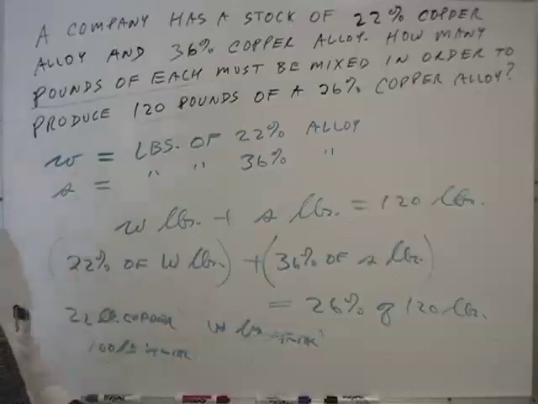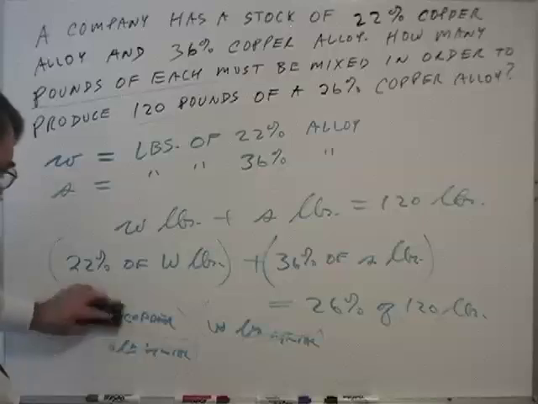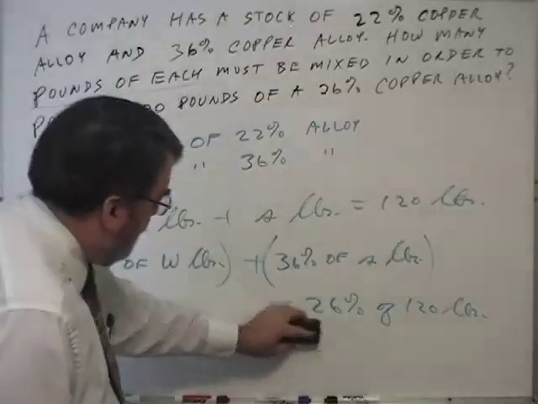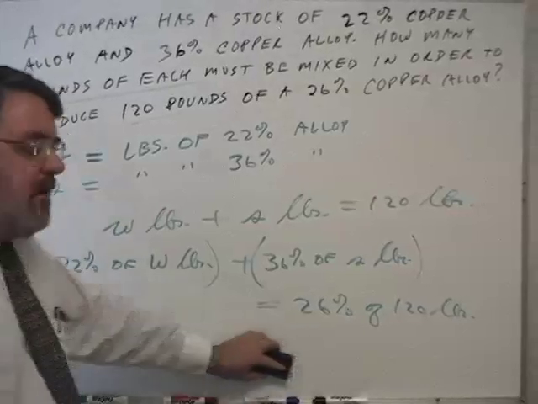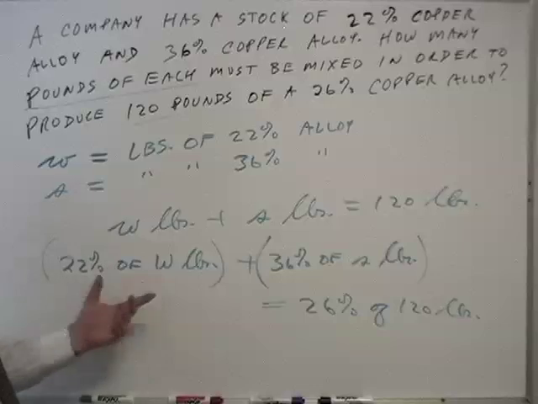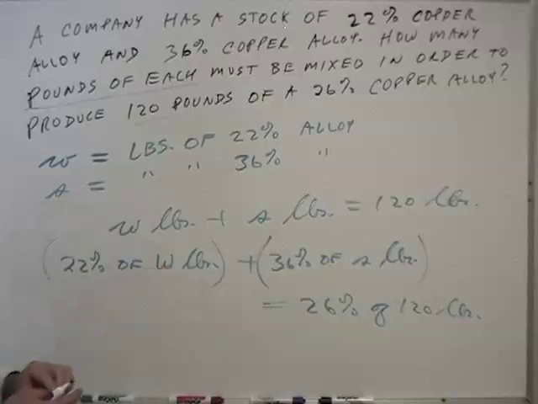So essentially that's what we were doing here. The units will work. It's a little complicated with these units, and my handwriting was exceptionally bad there. But if 22% is copper, then 22% of W is the pounds of copper.